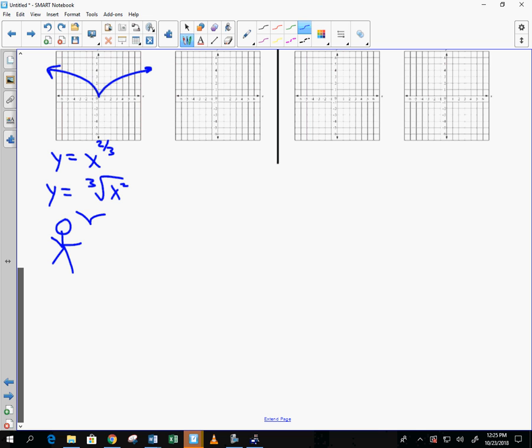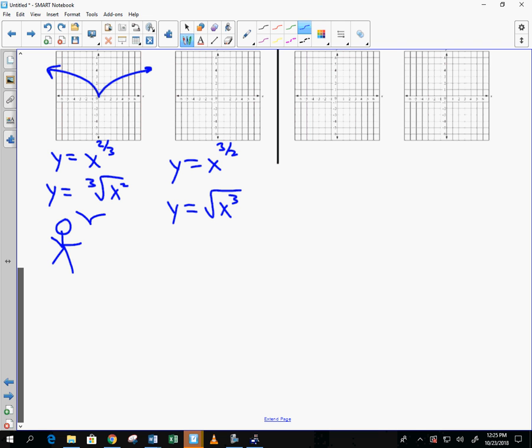All right. Let's look at a different one. Y is equal to x to the 3/2. Let's see what happens there. Is 3/2 bigger than 1 or less than 1? So it's going to head off like a parabola. But we have to think about what's actually happening here with our values. Suppose we plug in a positive 1. What's 1 cubed? 1. What's the square root of 1? 1.